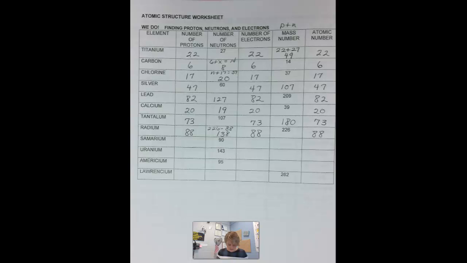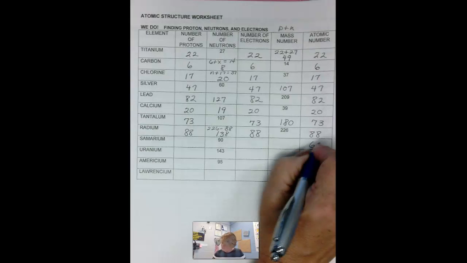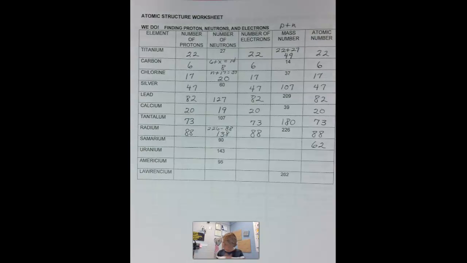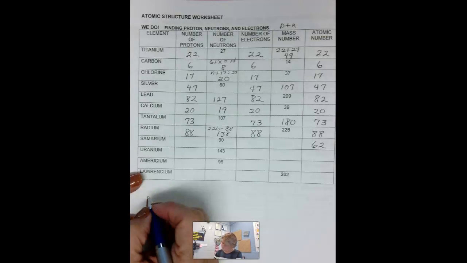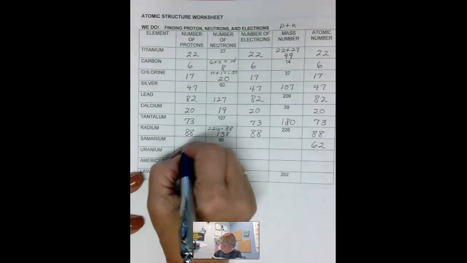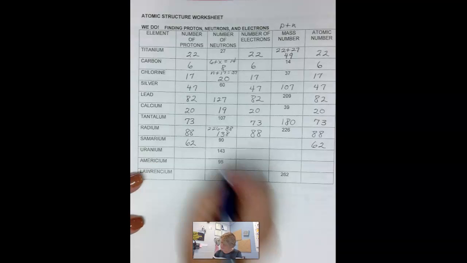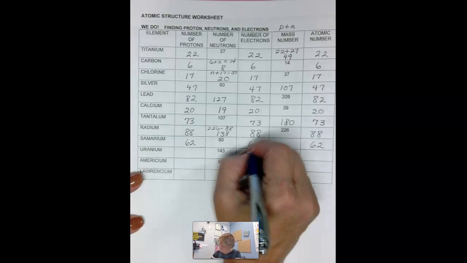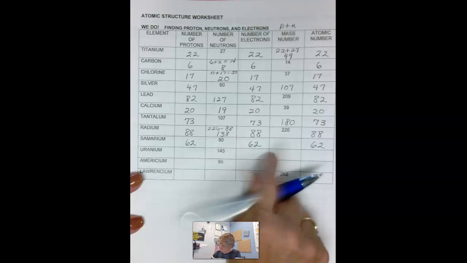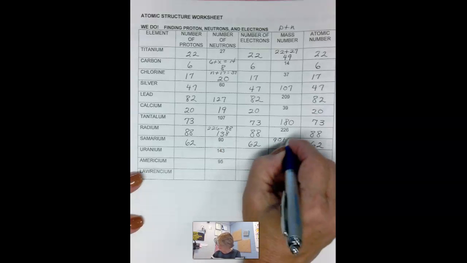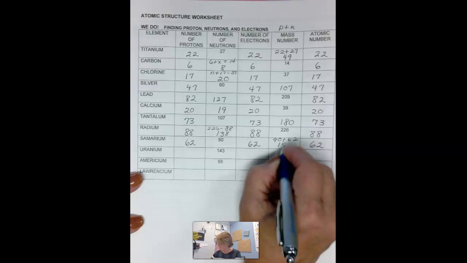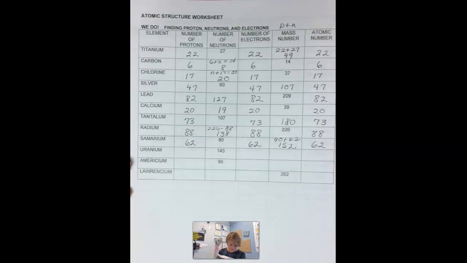Samarium, go ahead and get started on that one. It is number 62. Again, pause as needed. So I have 62 protons, 62 electrons, and my mass number again would be 90 plus 62, which would be 152. Uranium, that would be number 92.